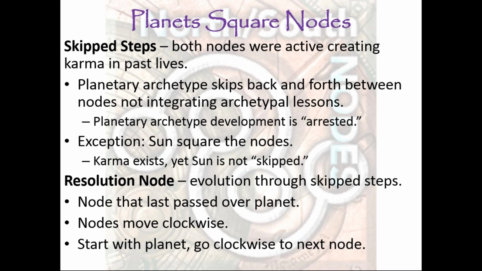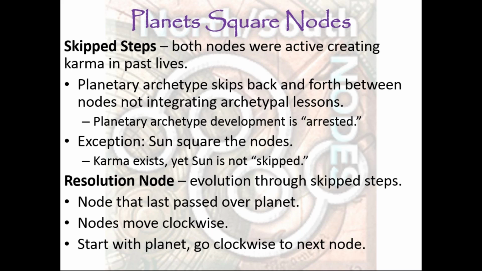What happens is we get uncomfortable with the moon relating to one of the nodes, or the planet relating to one of the nodes, and then that planet skips over to the other node. Again, as we go through this series, I'll try and give you enough examples with the planets that it'll start to just flow for you and make sense.